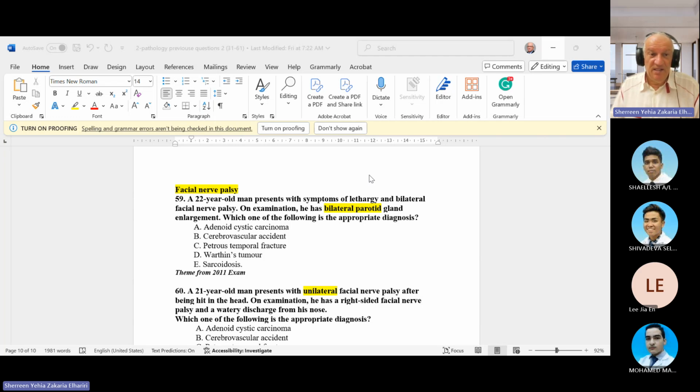But if the patient is unable to elevate the eyebrow or close his eye, it is a lower motor neuron lesion, and usually due to a parotid tumor. The common tumor that can cause that is adenoid cystic carcinoma. So if the patient has an injury in the parotid, the facial nerve is affected, the whole half of the face is paralyzed, unable to elevate the eyebrow or close the eye.